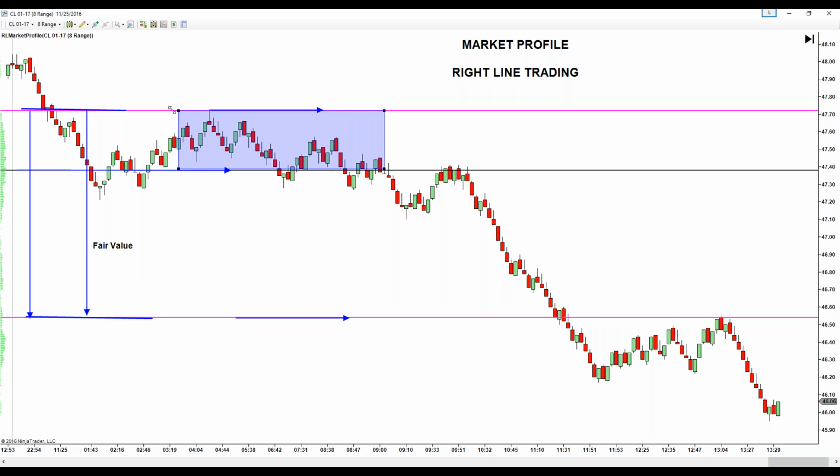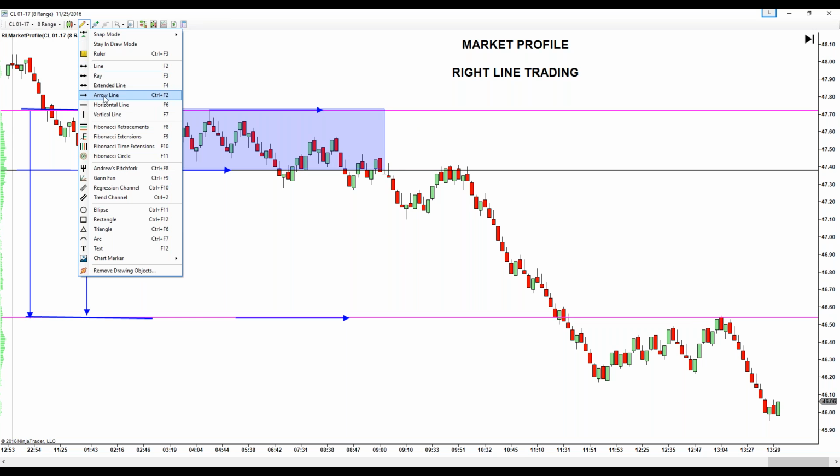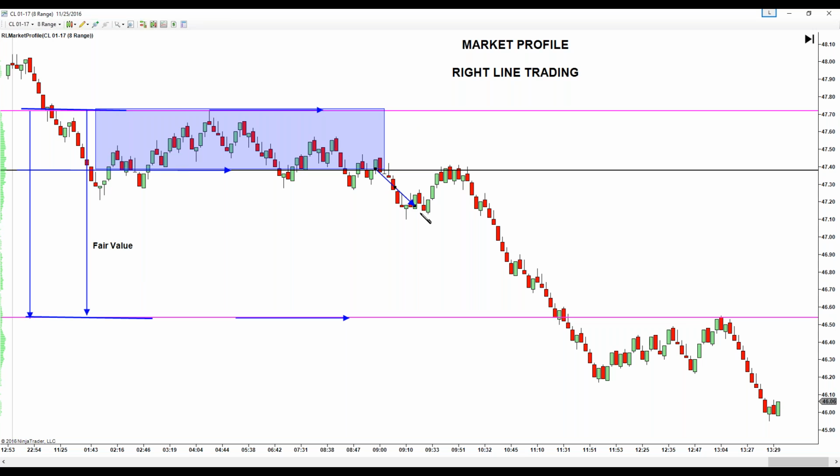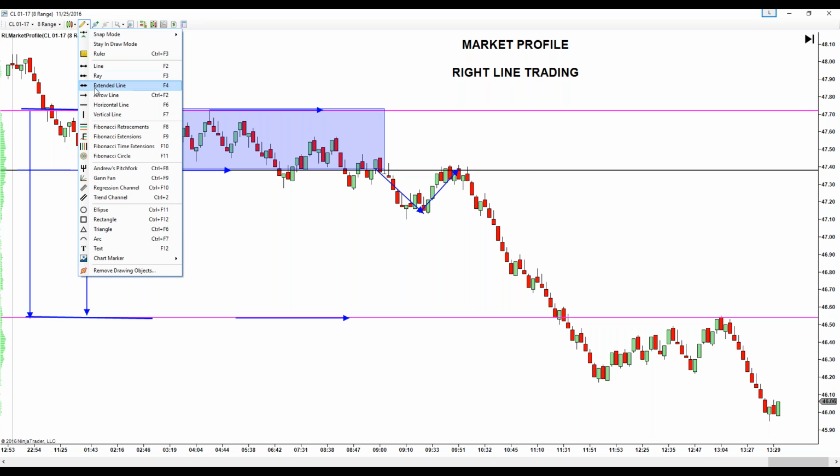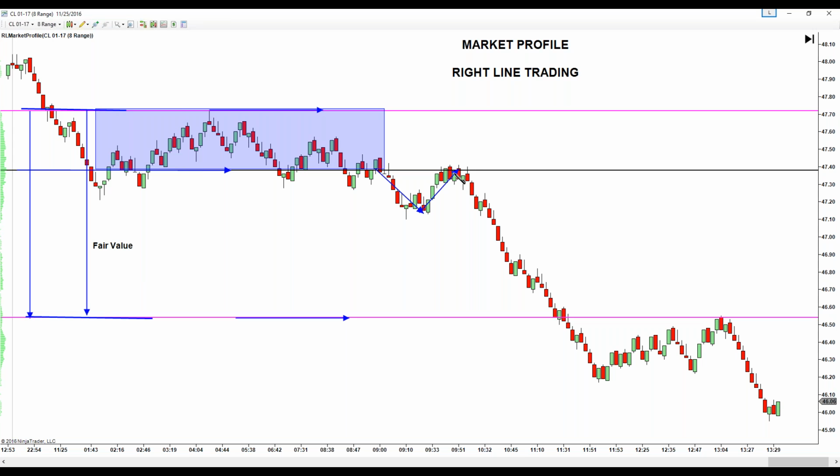It's very hard for price to break out between the value area high and the point of control. When it eventually does here, it breaks, retests the point of control, and gives you a tremendously good short.